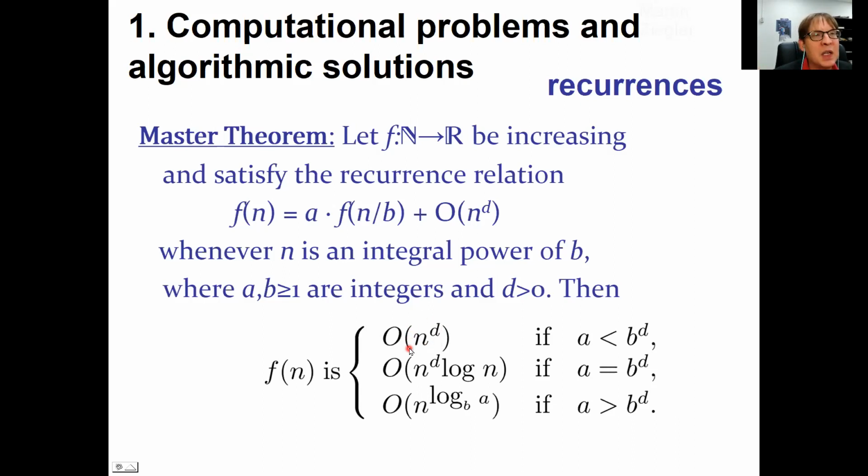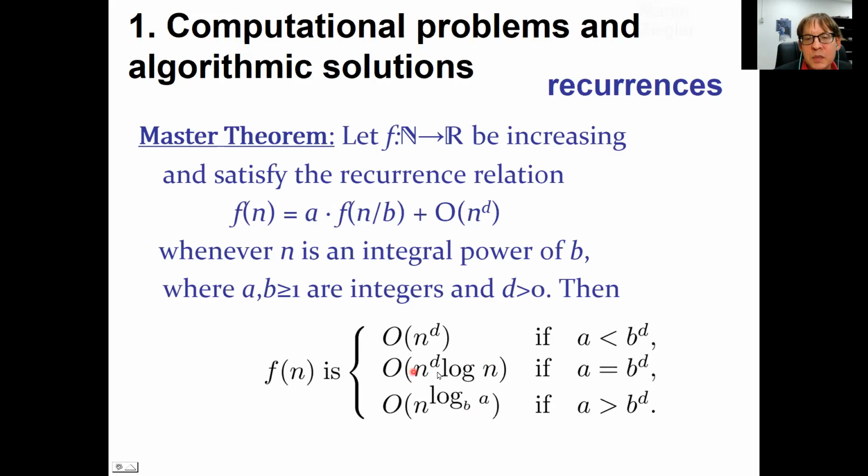That's somewhere hidden in the big O calculus. If A is strictly greater than B to the D, then the solution grows asymptotically like this. Notice that all three cases are polynomial growth, but the exponent is different. Here the exponent is D and does not depend on A and B. Here the exponent is the logarithm of A to base B and does not depend on D.